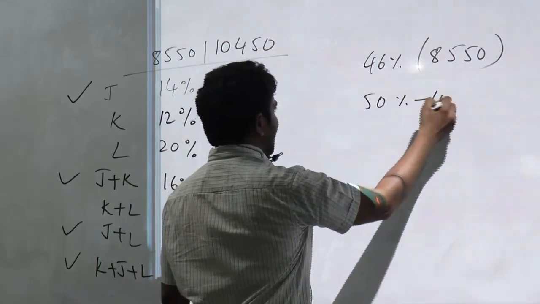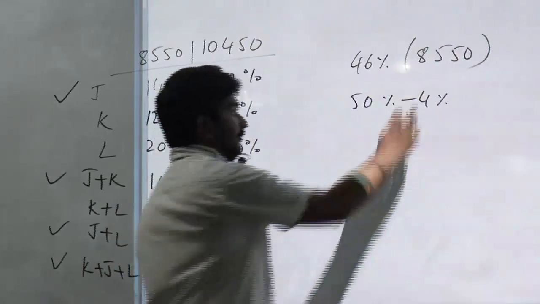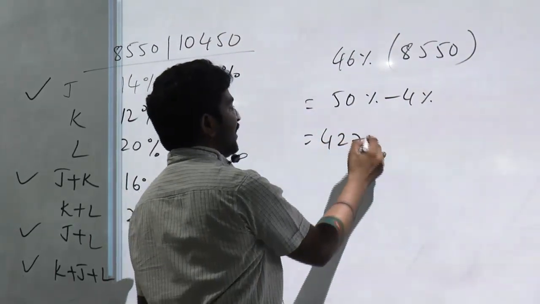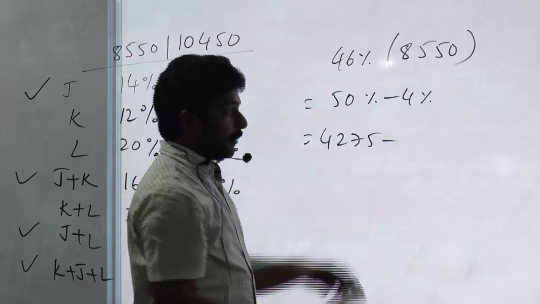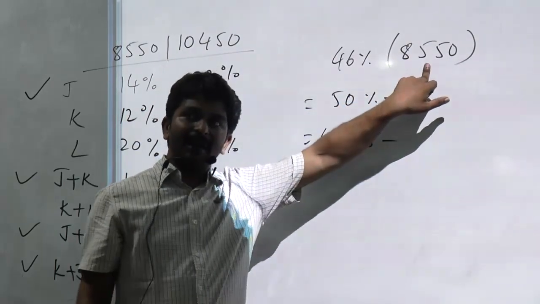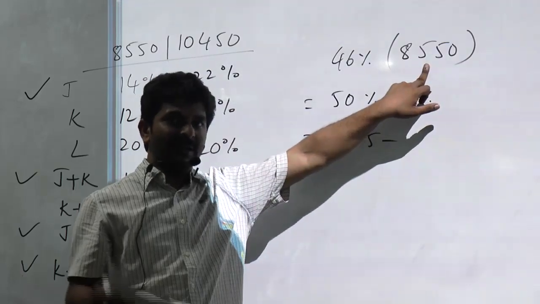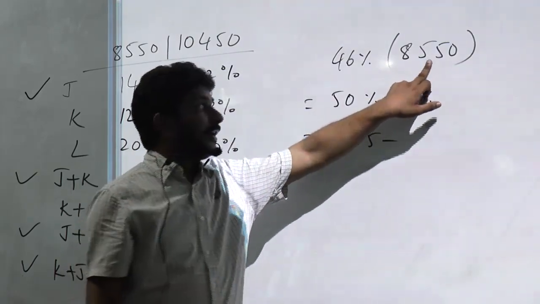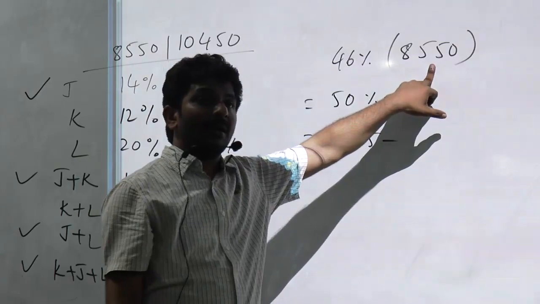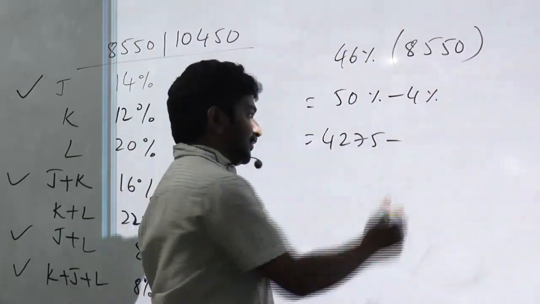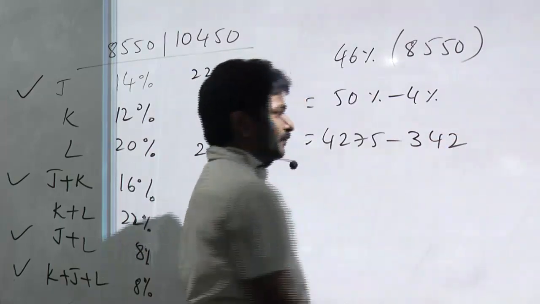50% minus 4%. 50% of this number, 4275, minus 4%. What about 1%? 85.5. 4% is 1% 2 times. 2% again 2 times. 4%. 85.5 double, 171. 171 2 times, 342.